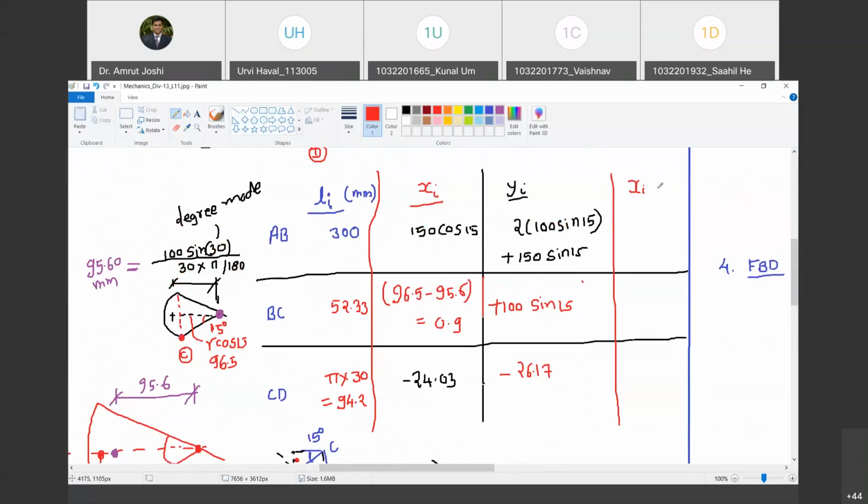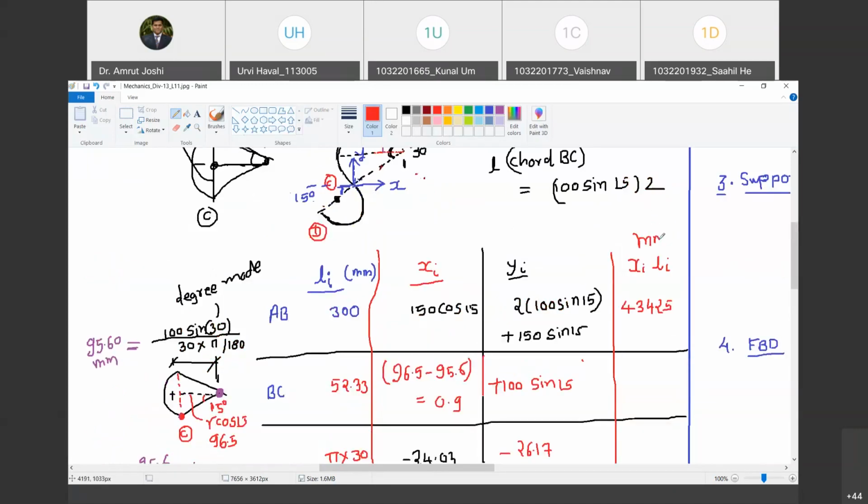Now let us write down xi li here. Xi into li. So tell me, 300 into 150 cos 15, how much is it? 43,425.